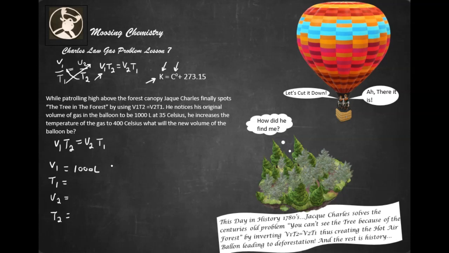And our first temperature is 35 Celsius, but we don't want to use Celsius. We want to use that Kelvin that we talked about earlier. So we've got to convert Celsius into Kelvin. We do that by going K equals 35, that's where our Celsius goes, plus 273.15.